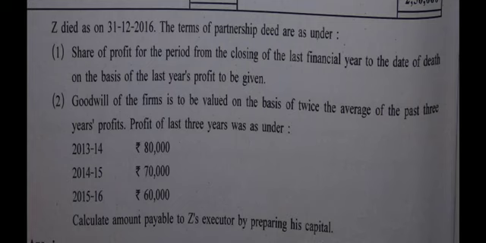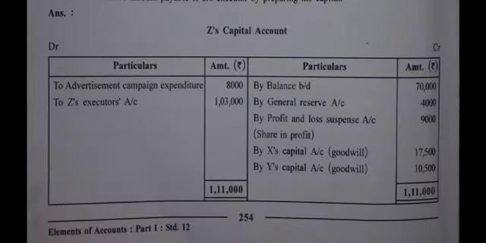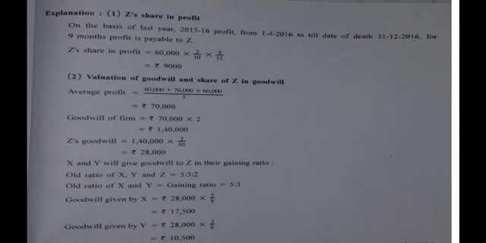Last 3 years' profit is given, which is 80,000 plus 70,000 plus 60,000. We have a working note for this. Here it is. Average, so divide by 3.